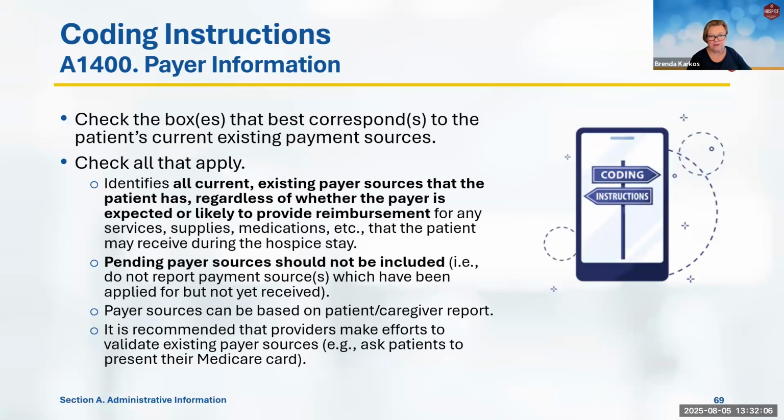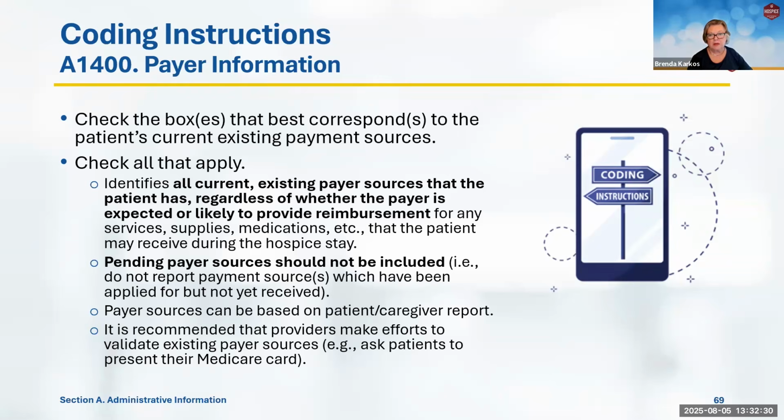So here are a few coding instructions. Check the box or boxes that best correspond to the patient's current existing payment sources. Check all that apply. This item should identify all current existing payer sources that the patient has, regardless of whether the payer is expected or likely to provide reimbursement for any of the services, supplies, or medications, for example.